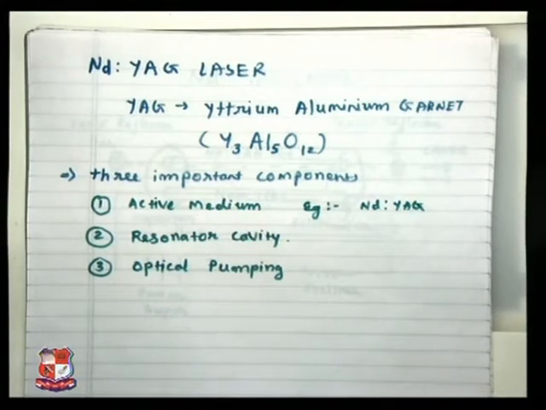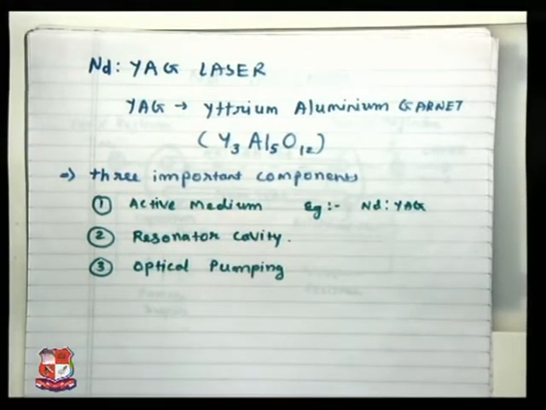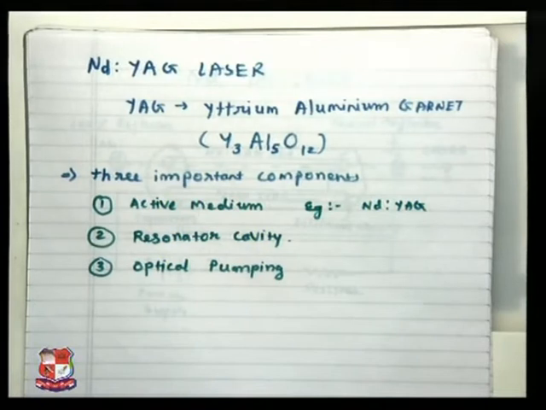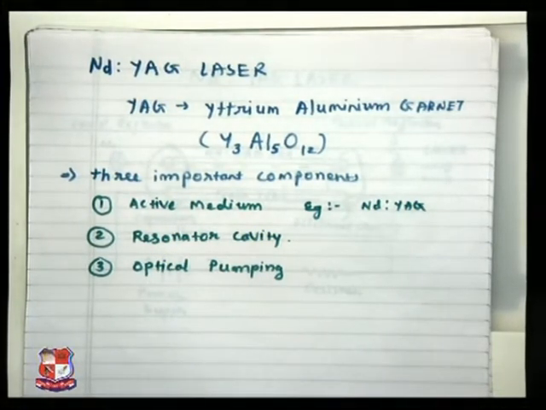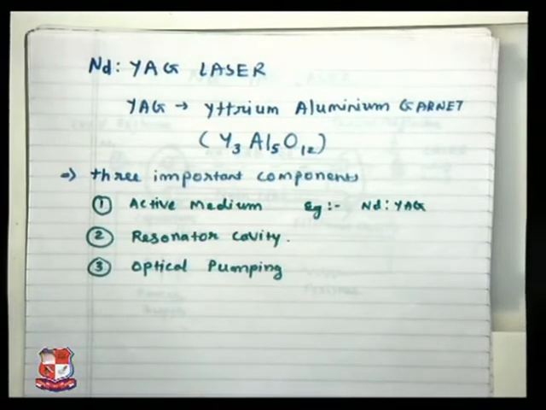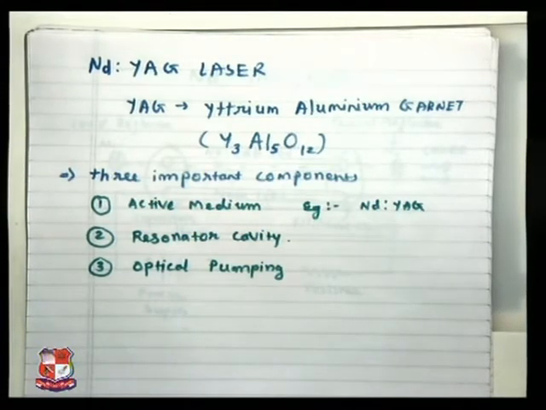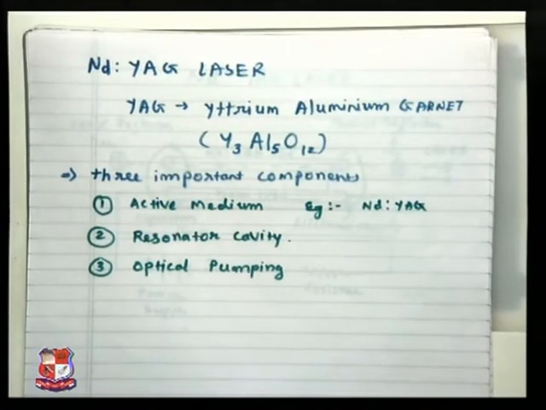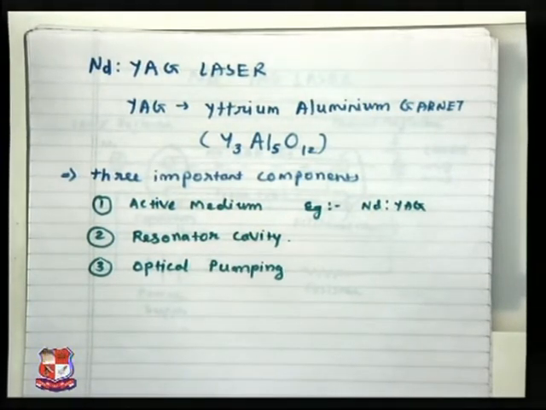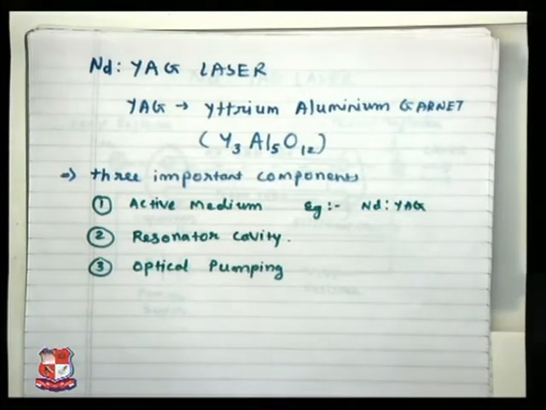These are the three basic components needed for the production of laser. Nd:YAG is a method through which you can generate laser, that is light amplification by stimulated emission of radiation.